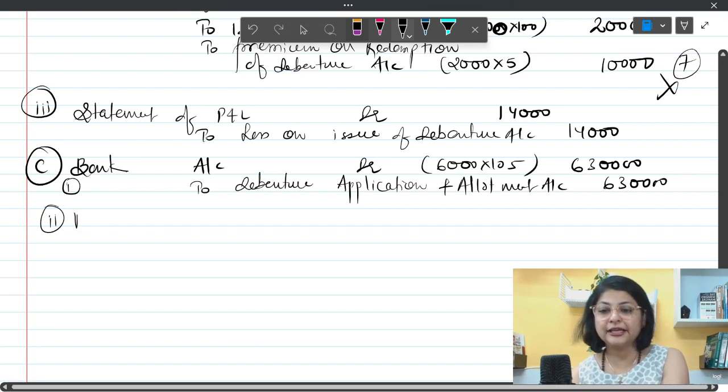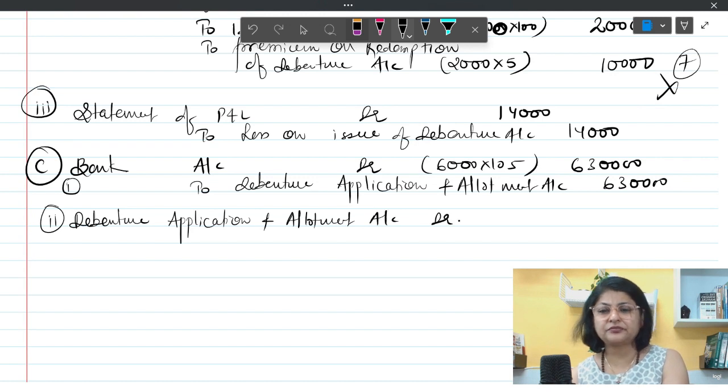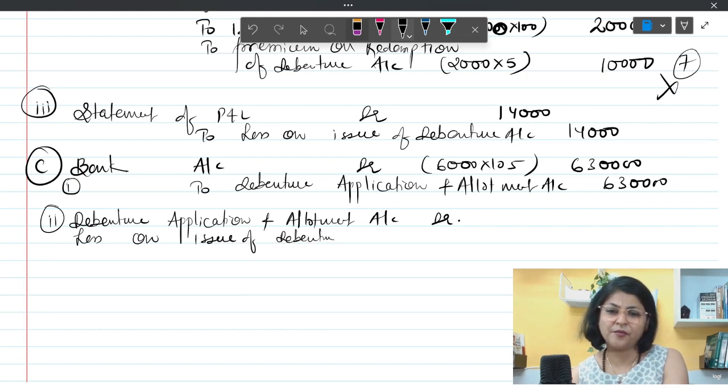So what will be the entry? Look over here. The entry is going to be debenture application and allotment account debit, loss on issue of debenture account debit, to 12% debentures.